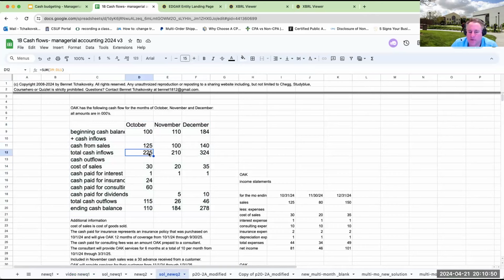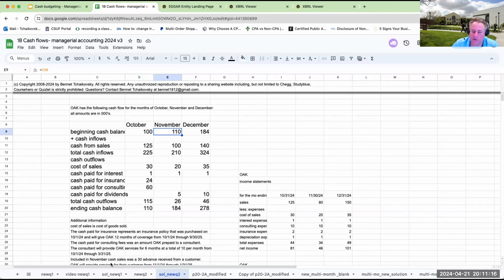Then I'm going to deduct my outflows: cost of sales, cash paid for interest, insurance, consulting. Total outflows are 115. When I subtract the 115 from the 225, that gives me my ending cash balance. The ending cash balance for October becomes the beginning for November.